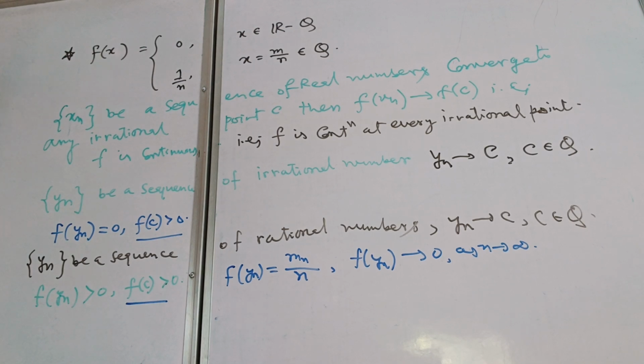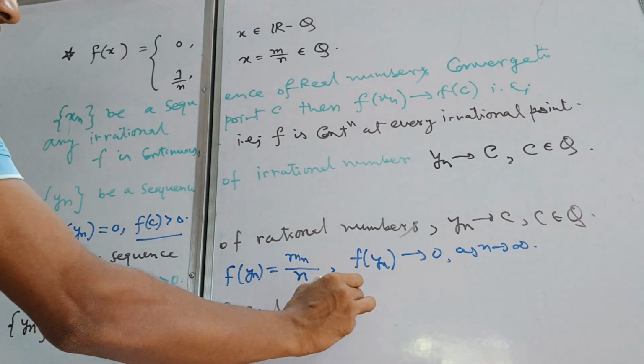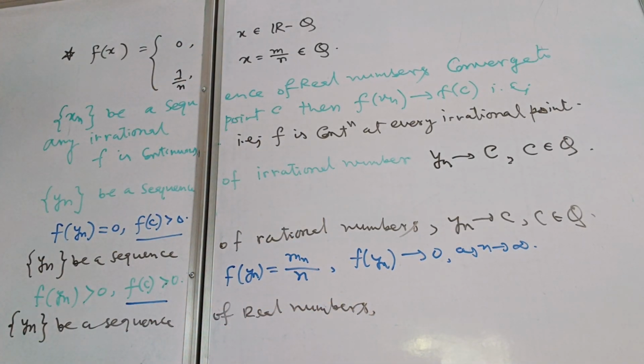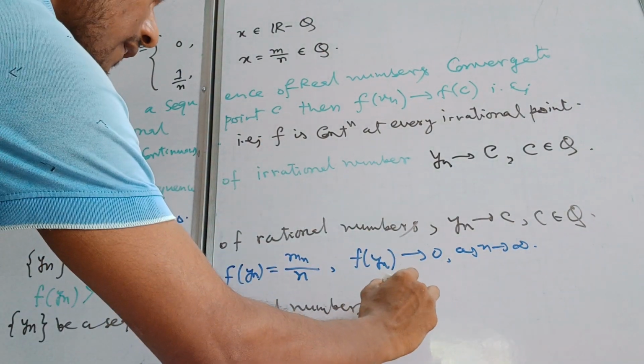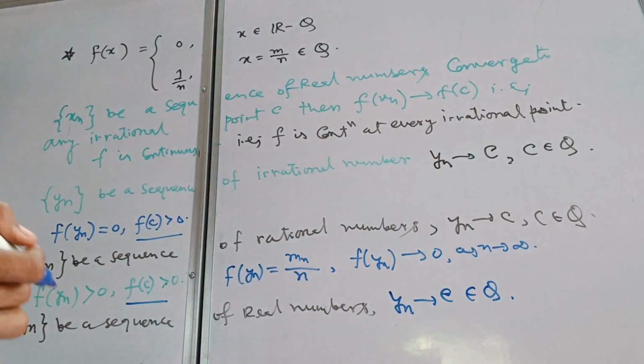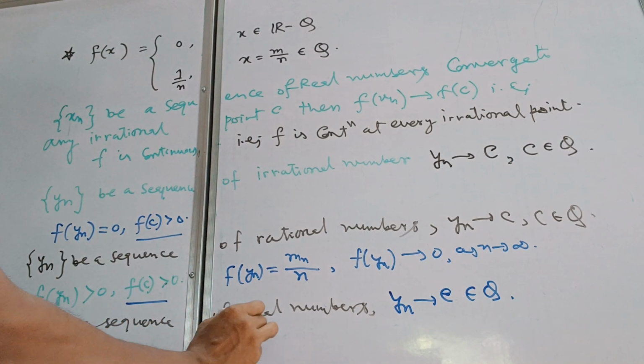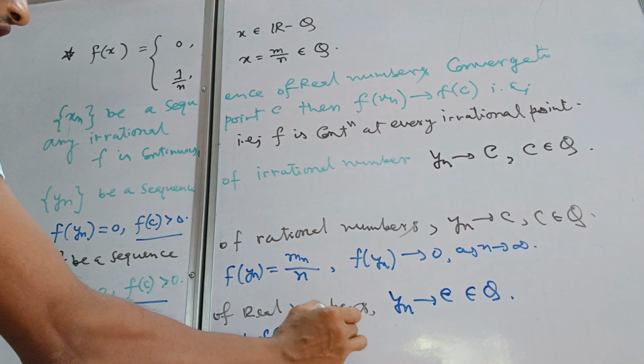Here we take yn to be a sequence of real numbers, either rational or irrational, that means real. Then yn converges to c and c belongs to Q. That means a sequence of real numbers converges to a rational point, then f of yn tends to 0, but f of c is greater than 0 always.